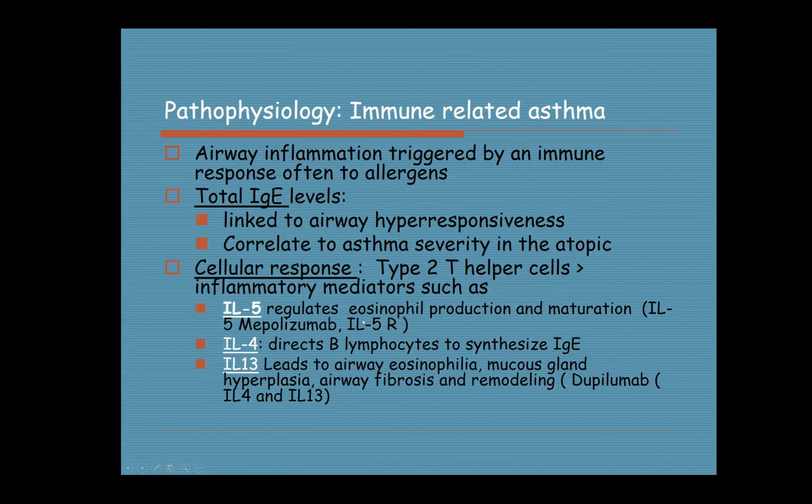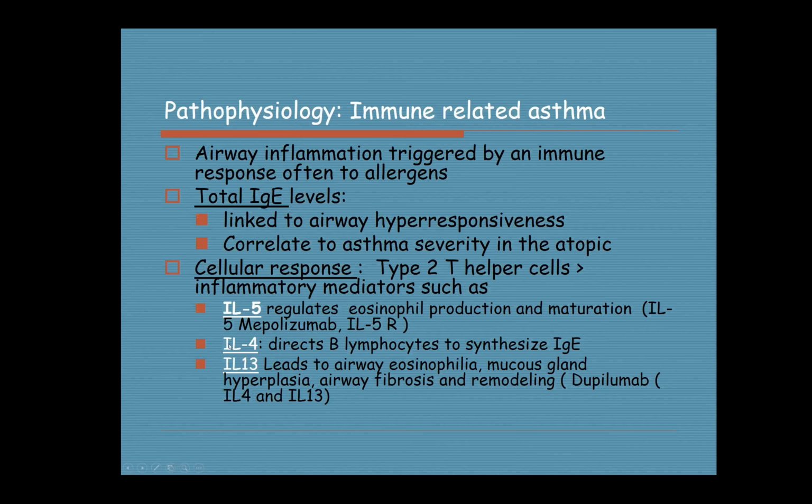If you're looking at the IL-5 receptor, and I know it gets a little bit more complicated here, we're still talking 5, even though it's the IL-5 receptor, we're talking about benralizumab, and that actually destroys the eosinophil. So when you've got a hypereosinophilic situation, think about IL-5, think about mepolizumab and benralizumab.